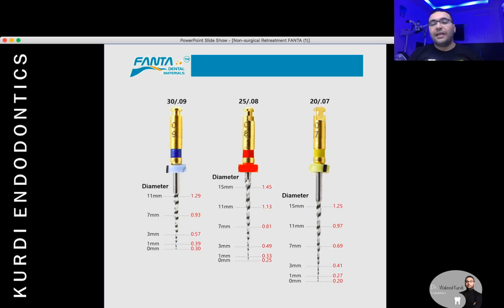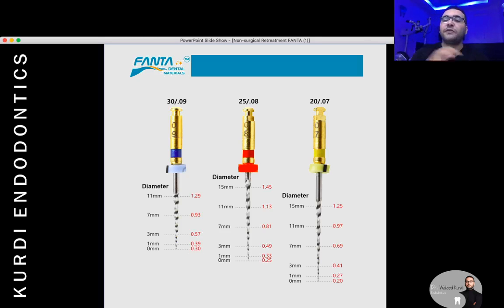And by the way, these Fanta files are really different from any other files because the tip of the file is active. So please be careful when using them, but they are really great in retreatment and in removing the gutta-percha.